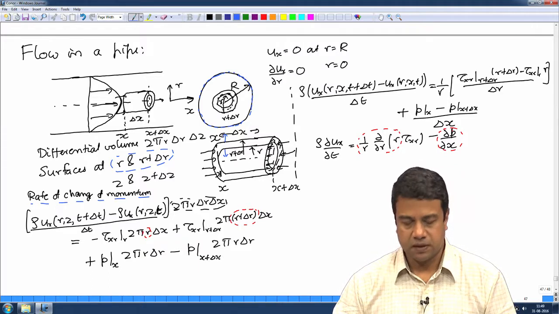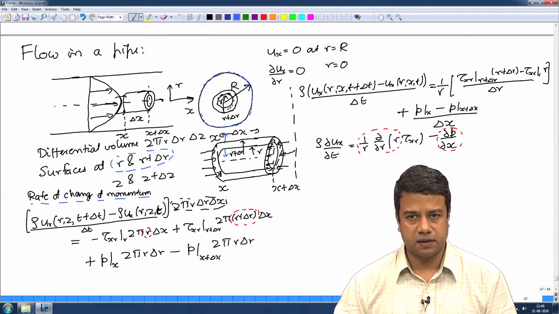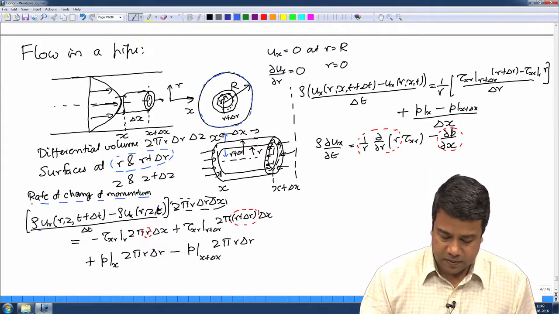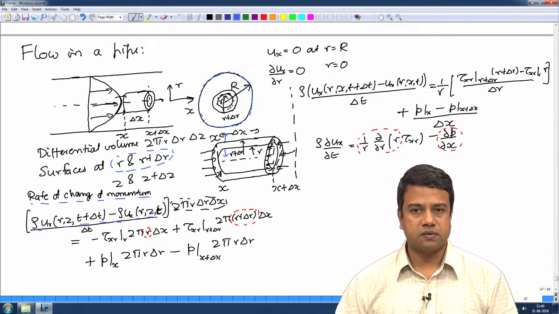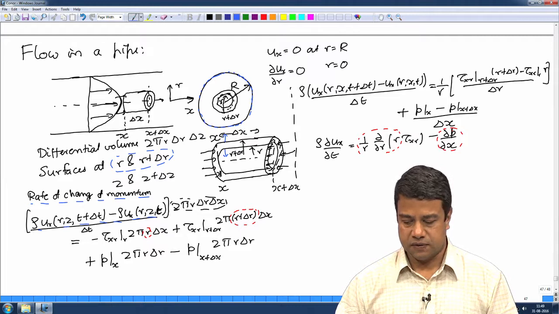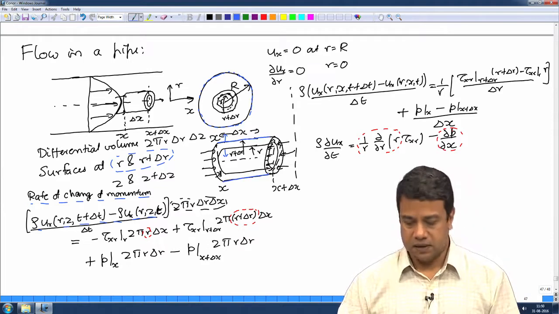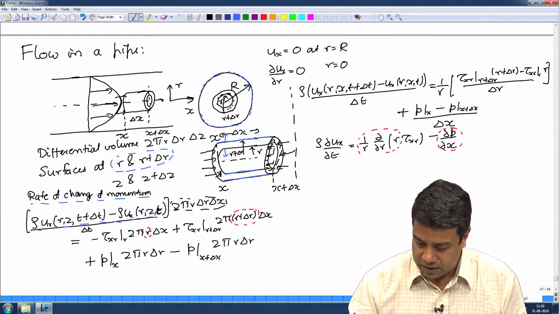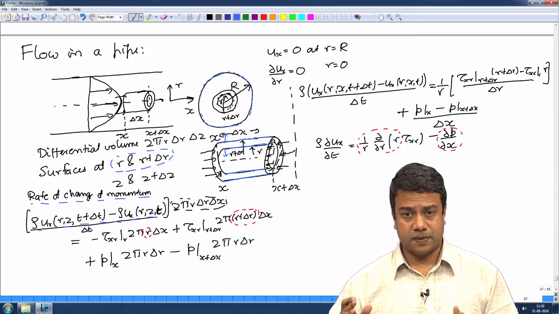The rate of change of momentum between two instants of time separated by delta t, which is basically the difference in momentum density times the volume, is equal to the forces. There are forces exerted at the outer surface at r plus delta r, the inner surface at r, as well as the end caps, the surfaces at x and x plus delta x.